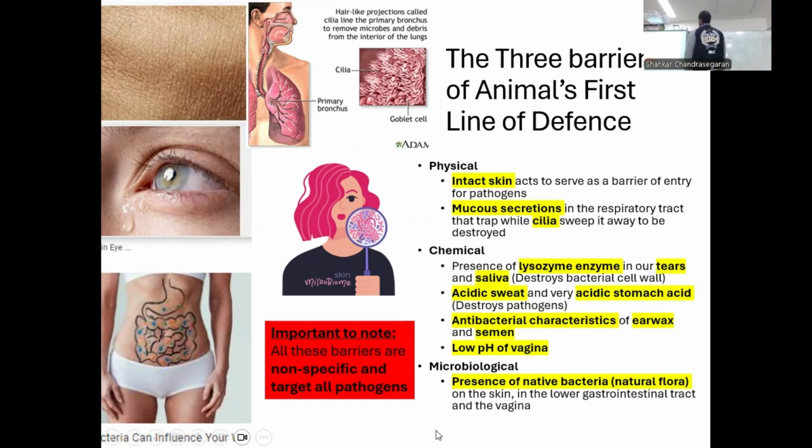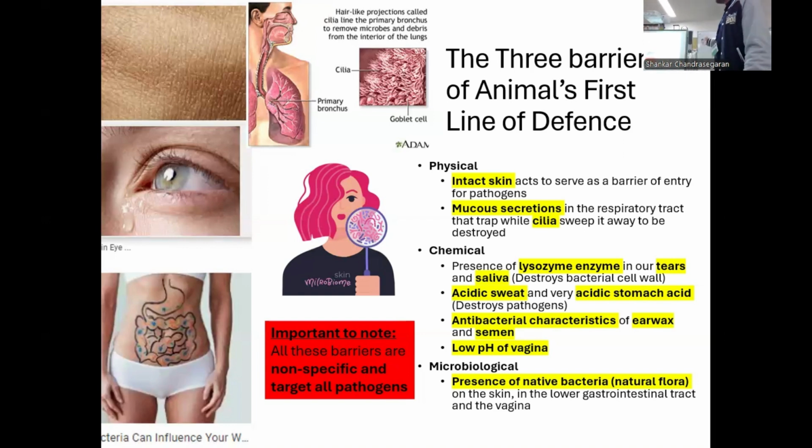So the most important thing to note about this is that this is the first line of defense, and if you have noticed, none of these barriers are specific to one type of pathogen. They're like a blanket defense that is meant to keep all pathogens at bay. That's why this is known as non-specific, and they basically work to target all pathogens.